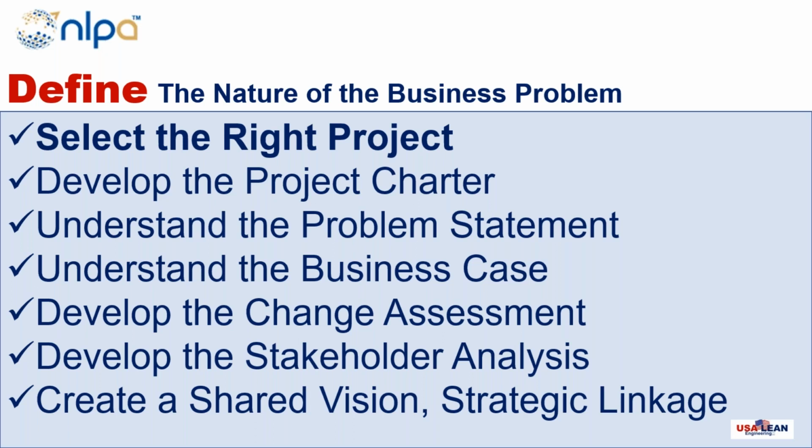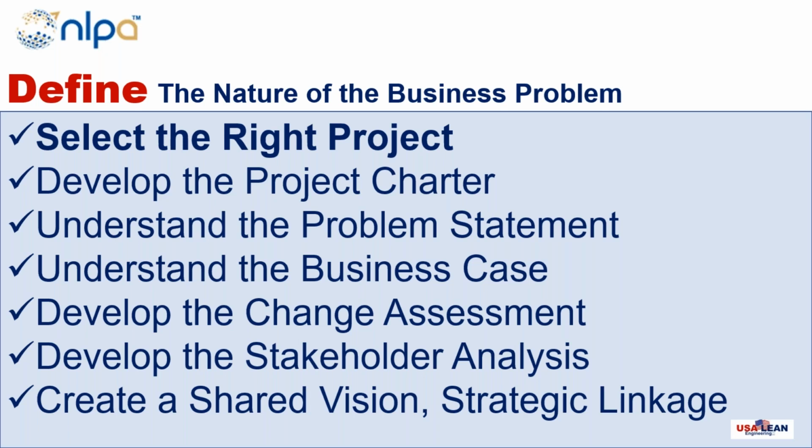And you assess the ability of your supply chain to sustain change, because change is a very, very, very uneasy phenomenon for most of us to digest. And we understand our stakeholders, all those who will be affected by a particular project.